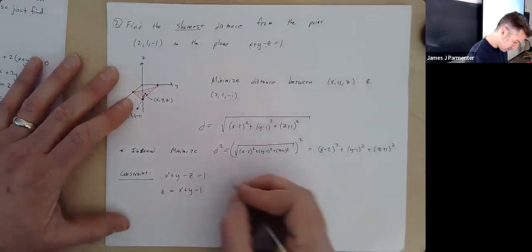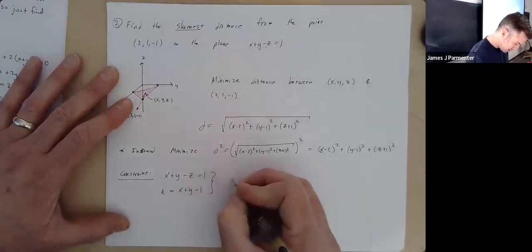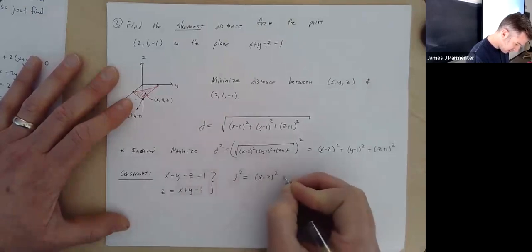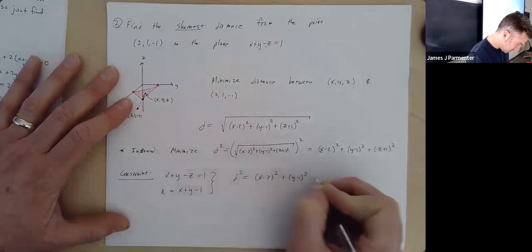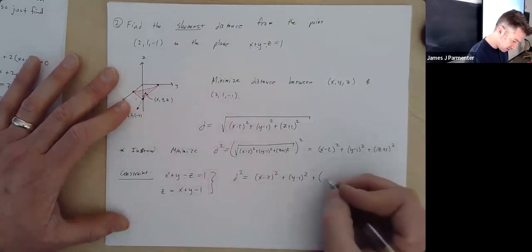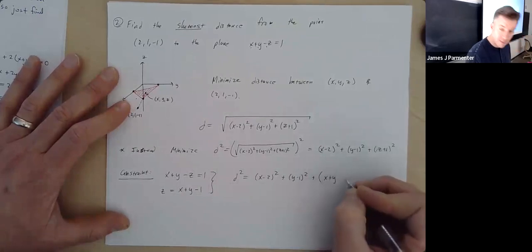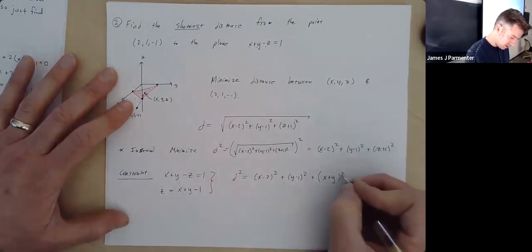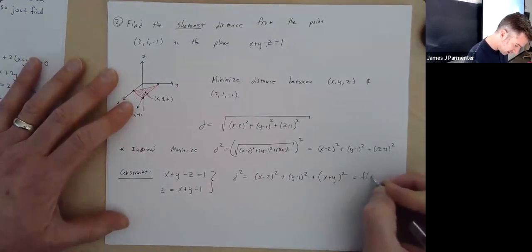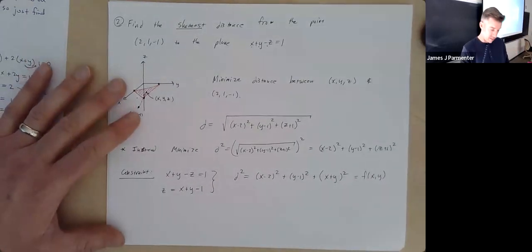So I'm actually trying to minimize the distance squared equal to x minus 2 squared plus y minus 1 squared plus, x plus y minus 1 plus 1, where the minus 1 and plus 1 cancel, squared. And that is the function of x and y that I'm going to try to minimize.